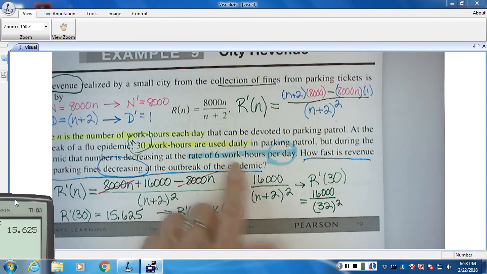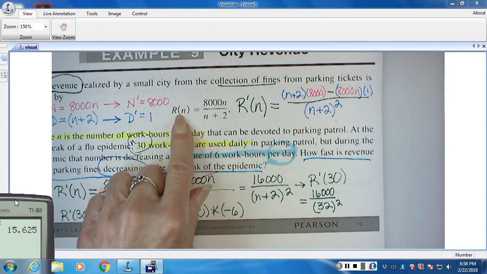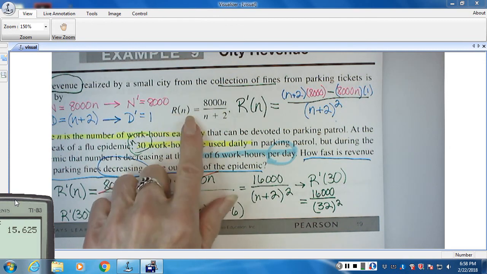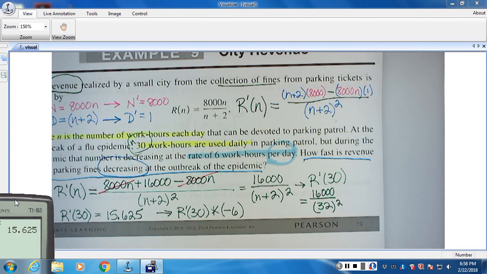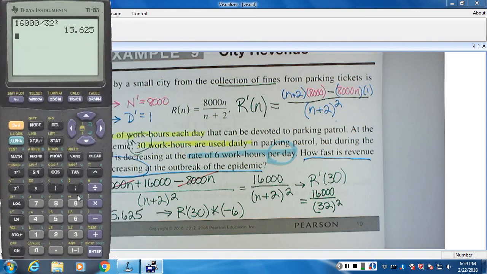See, this was based on the work hours, but it's the revenue as a function of work hours. And this is how the work hours are actually decreasing. So what we're going to do is take that 15.625 and multiply it times negative 6, and we get negative 93.75.